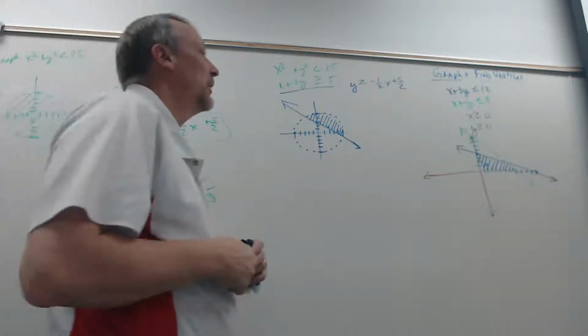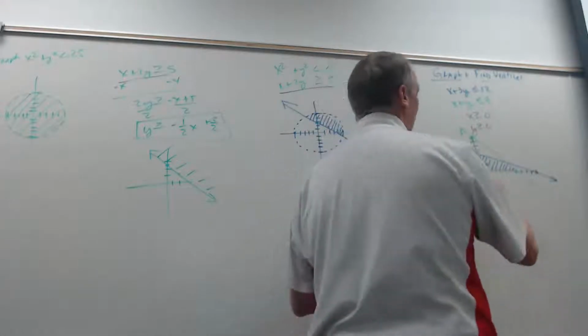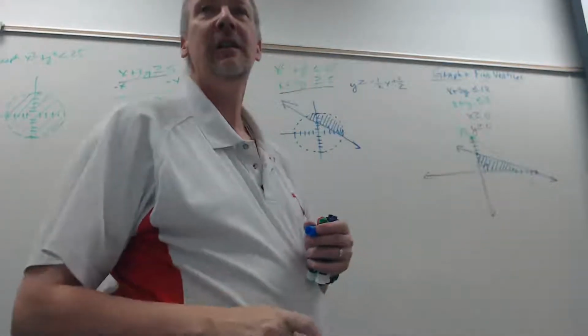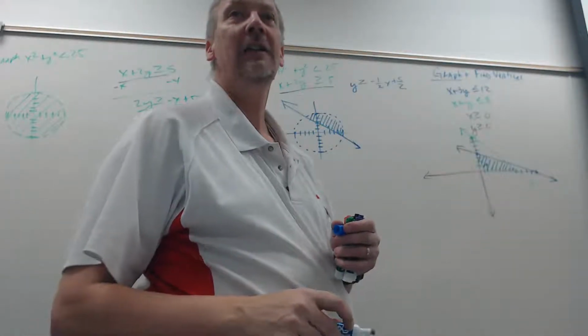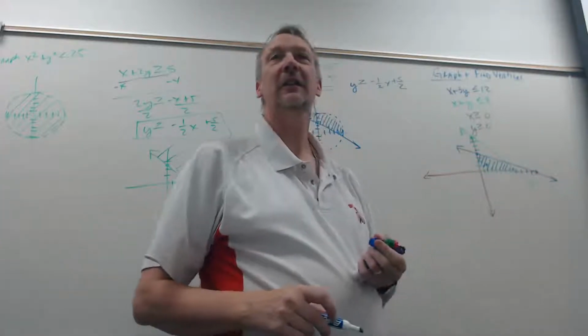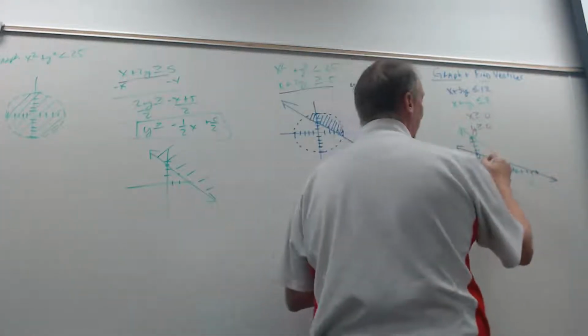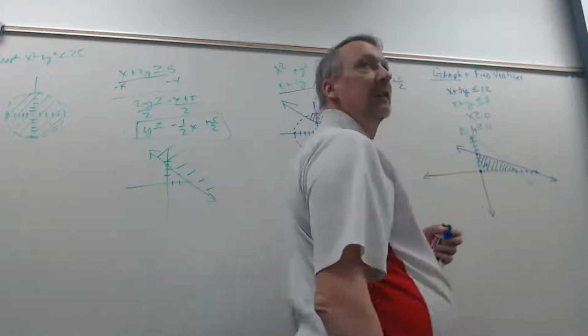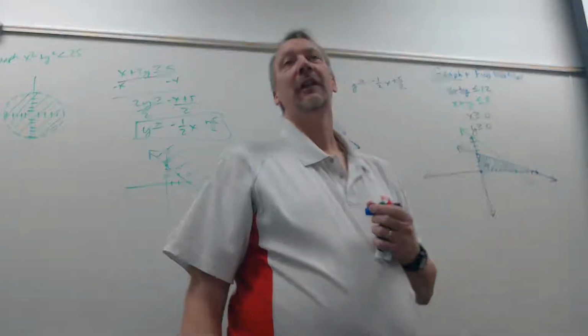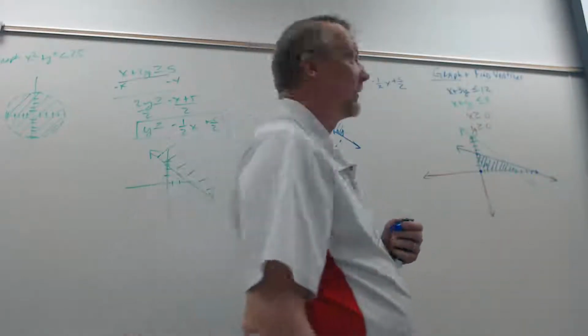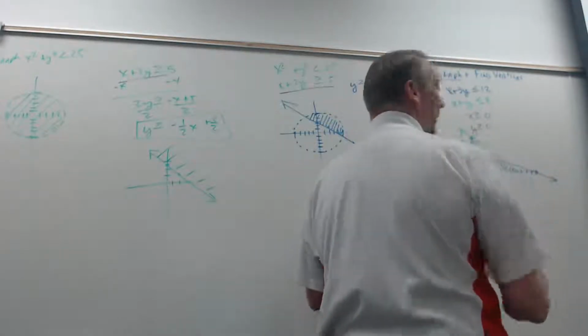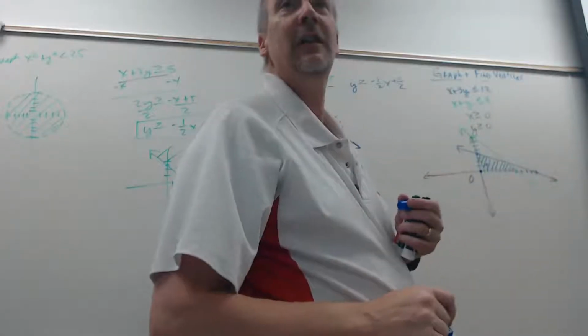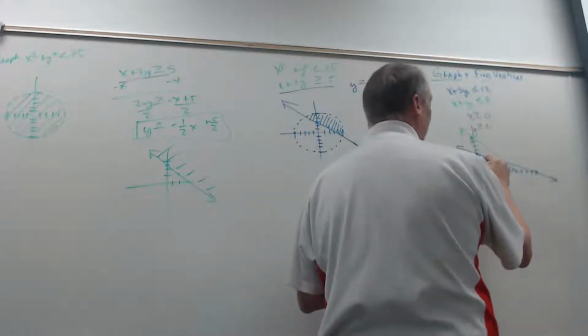Okay? What's this vertex? Don't ask me. You can look at the board and tell me what that is. But you can tell me that point right there. Just 0, right? Just the x-axis, just the middle. I want this point.